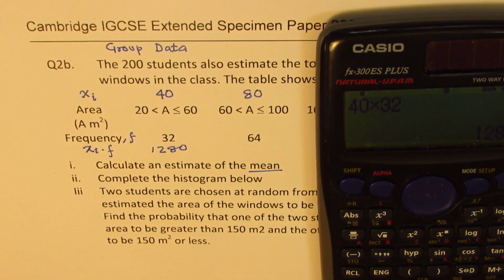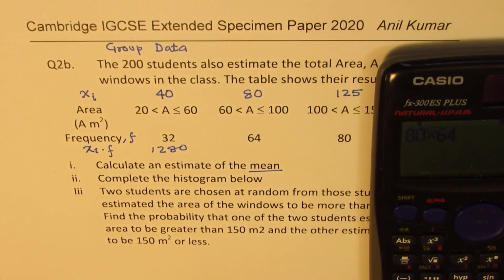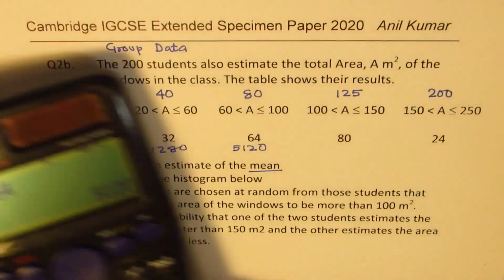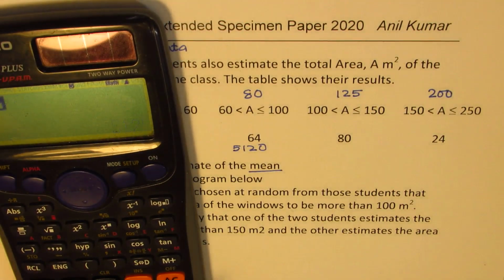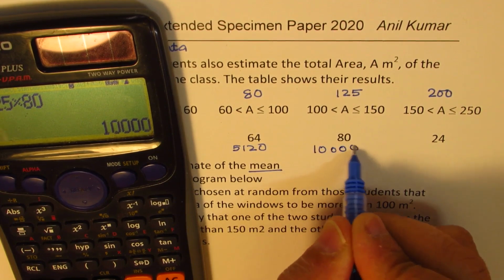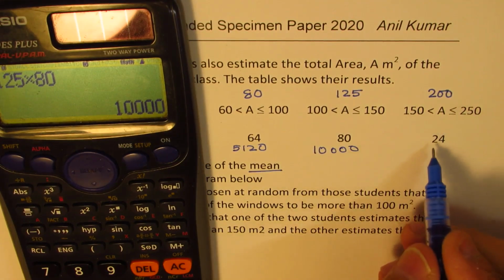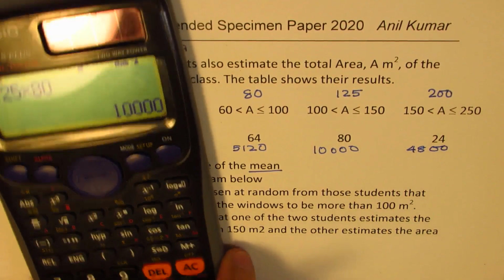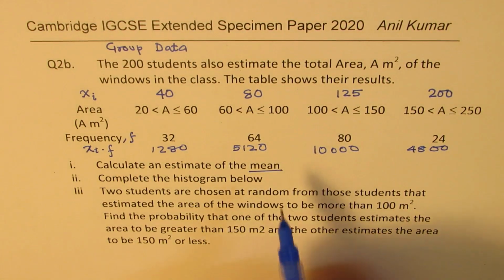Then we have 80 times 64, which is 5120. 125 times 80, which is 10,000. And then we have 200 times 24, so 4,800. Correct?